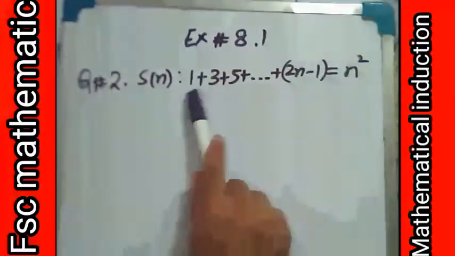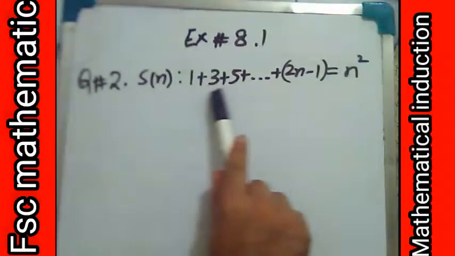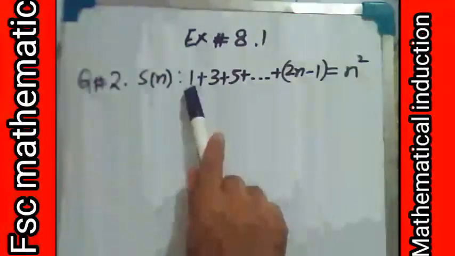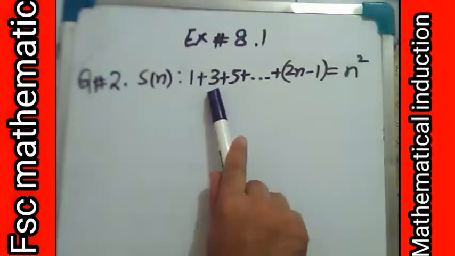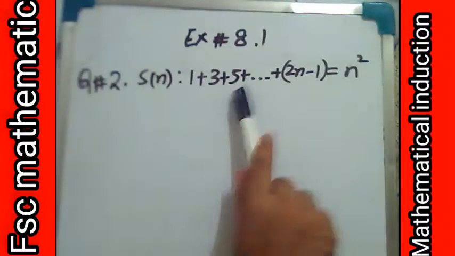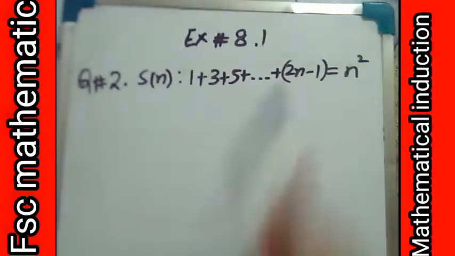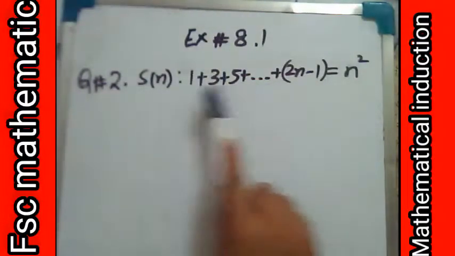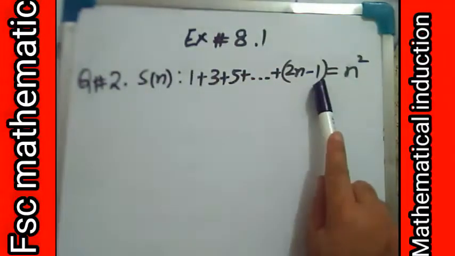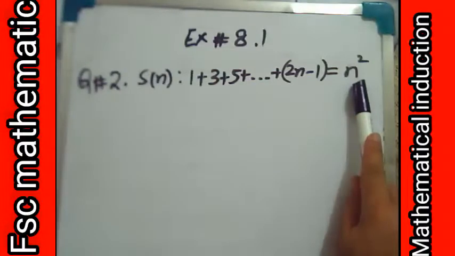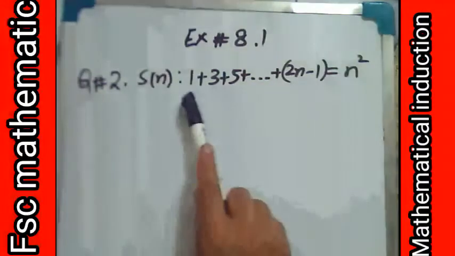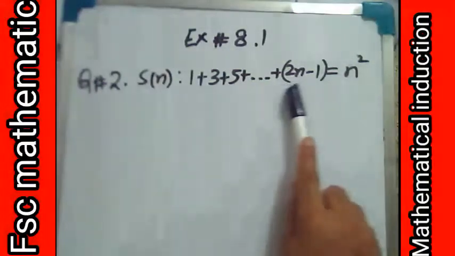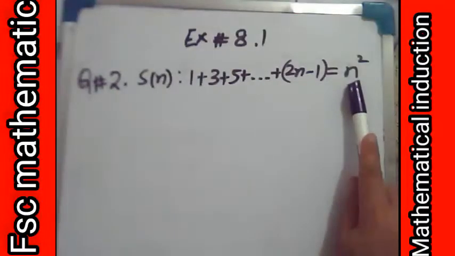This is an arithmetic series. Actually, these are the first n odd integers. First odd integer, next positive odd integer, next positive odd integer, and this is the nth positive odd integer. So these are the first n positive odd integers, and the right hand side shows their sum. Those students who have studied series know this is an arithmetic series and this is their sum.